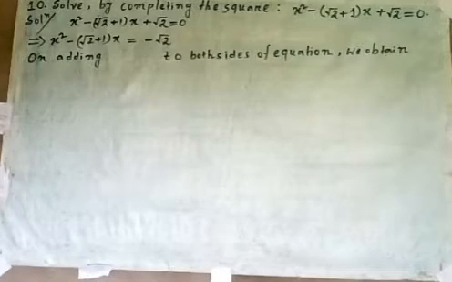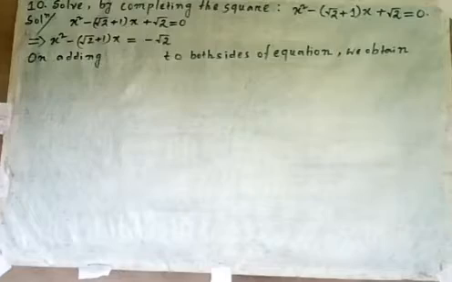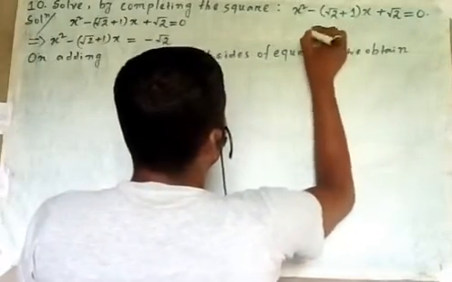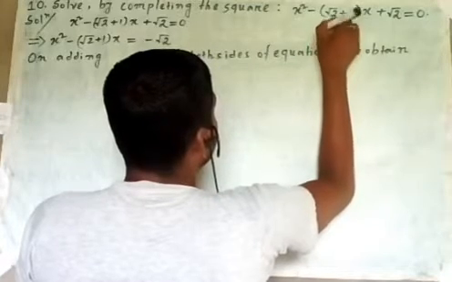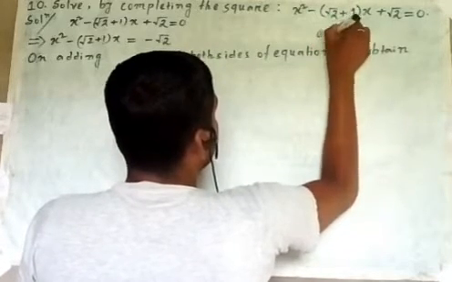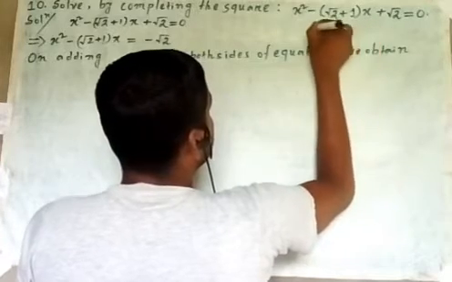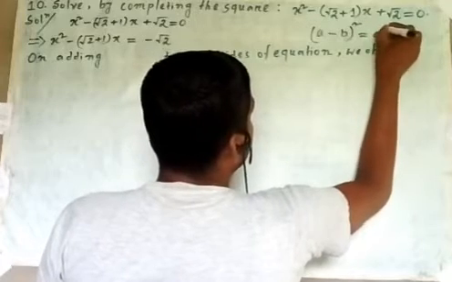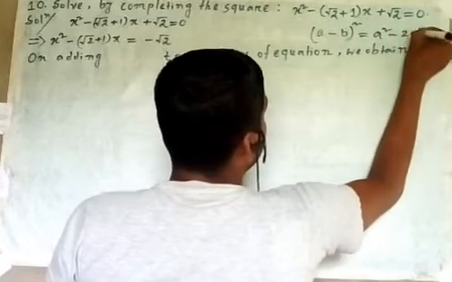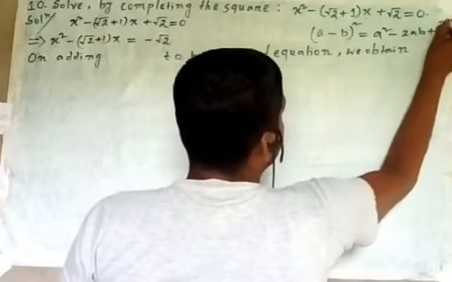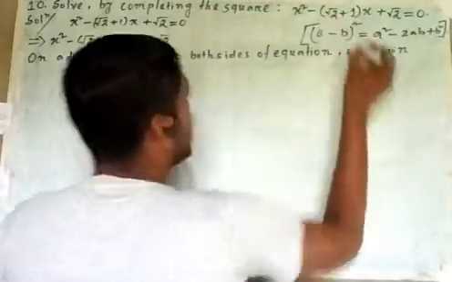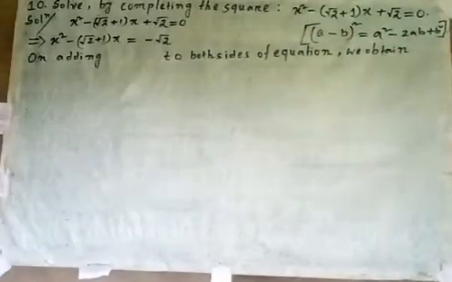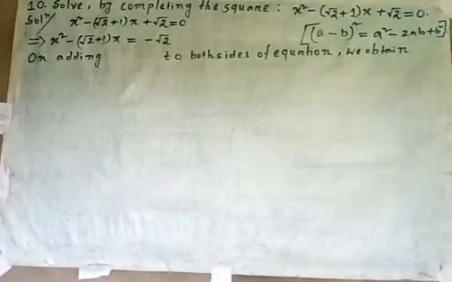So the formula is (a minus b) whole square equal to a square minus 2ab plus b square. This formula we have to apply.